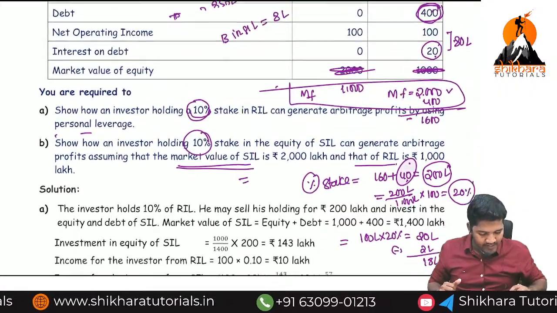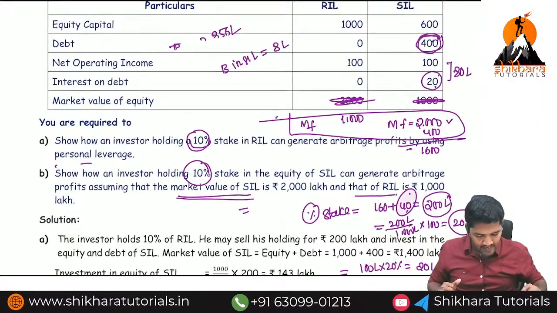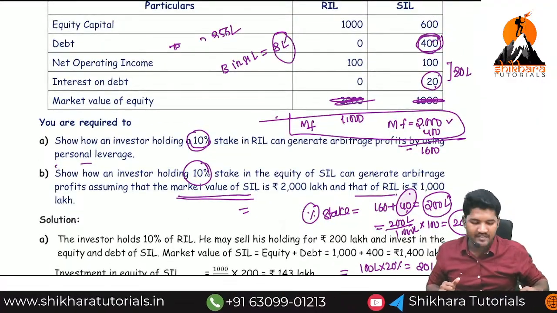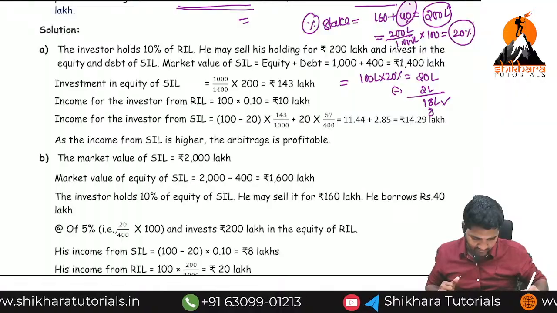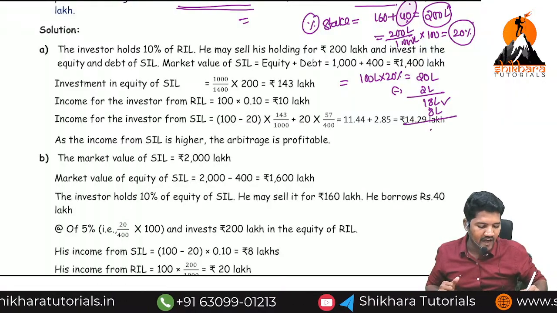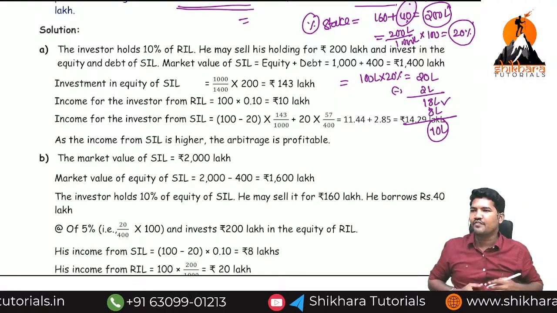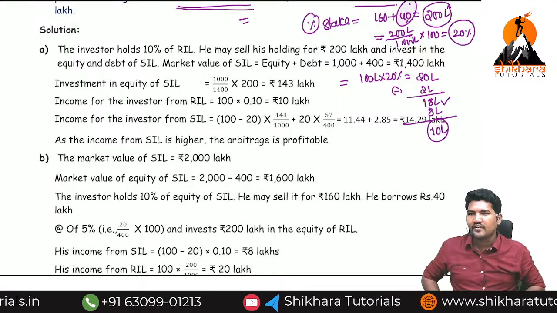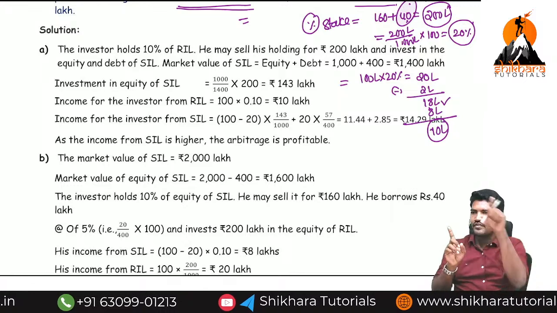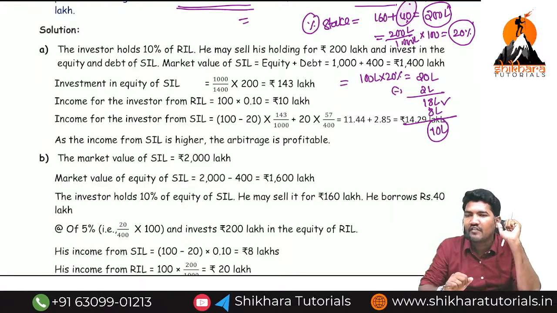Previously, how much did I receive? 8 lakhs. Now, what is the benefit I received due to the shift? Tell me, is the shift good or bad? Good. With the process of shifting, we can enjoy the benefit only with the help of assumptions.